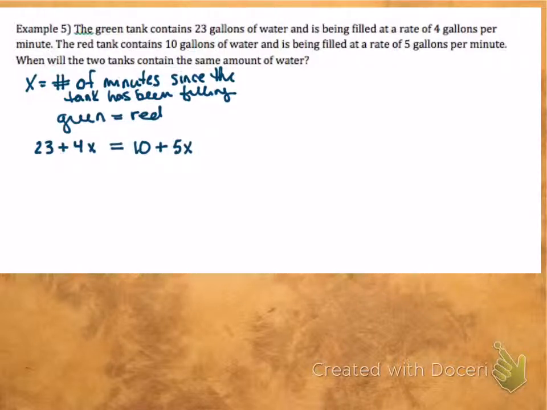Then we solve our equation. I'm going to subtract 4x from both sides. I get 23 is equal to 10 plus x, and then subtracting 10, I get 13 is equal to x.